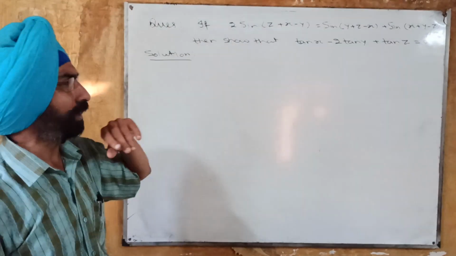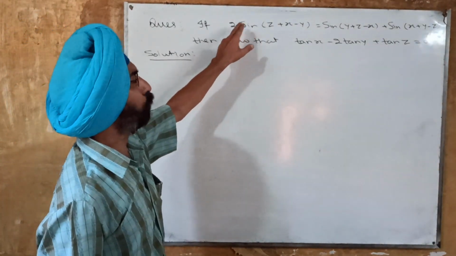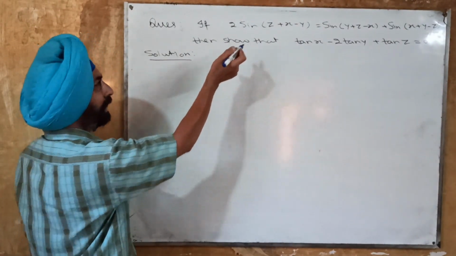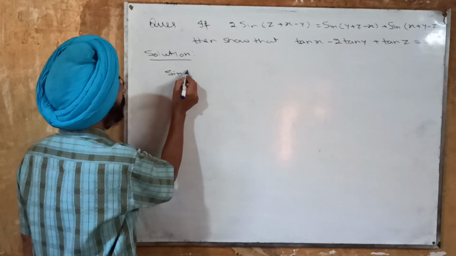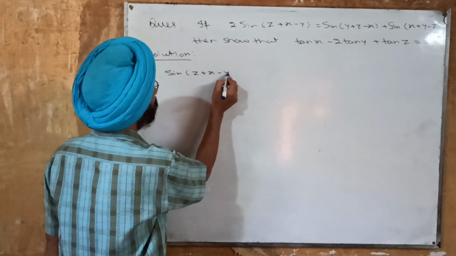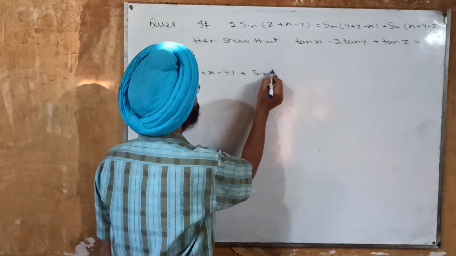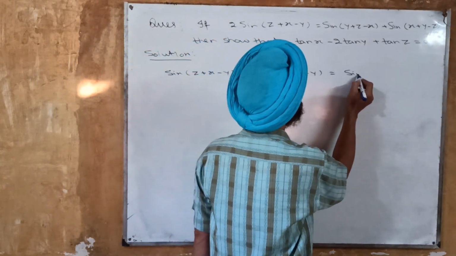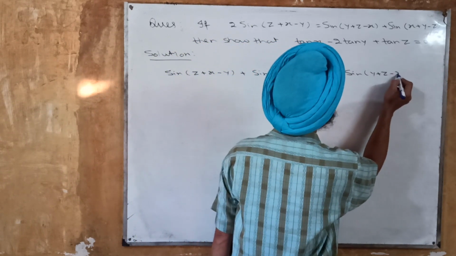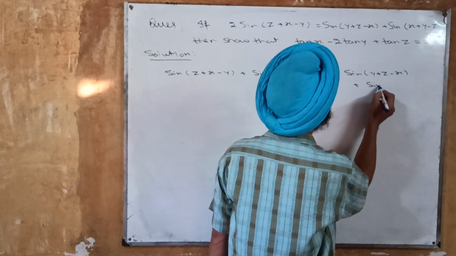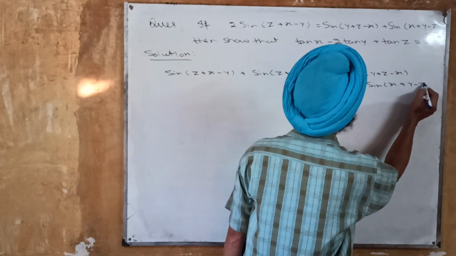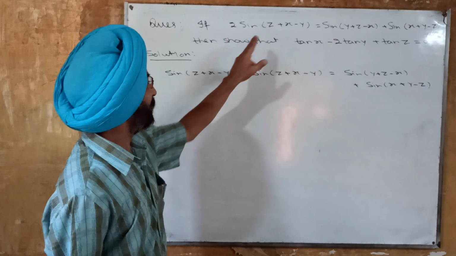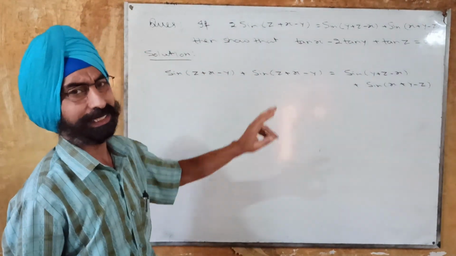The given expression, I am going to write this 2 times this term as 2x as x plus x, so I am going to write it as sine z plus x minus y plus sine z plus x minus y is equal to sine y plus z minus x plus sine x plus y minus z. So I have written this 2x as x plus x.